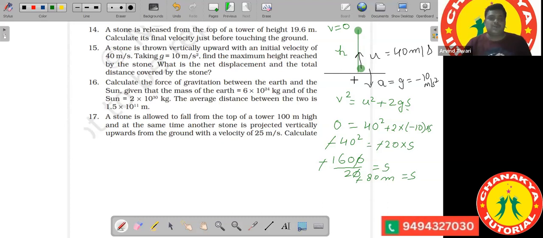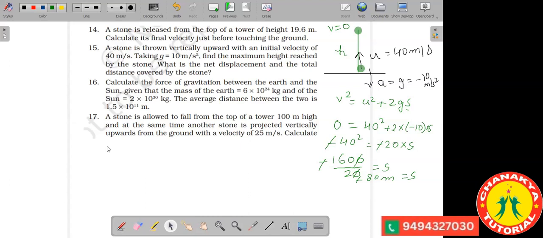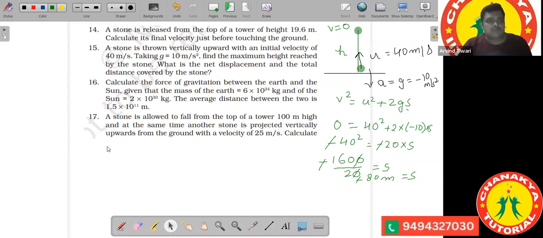So now do this question number 14. Do question number 14. Question number 14 was right, sir. Yeah, question.